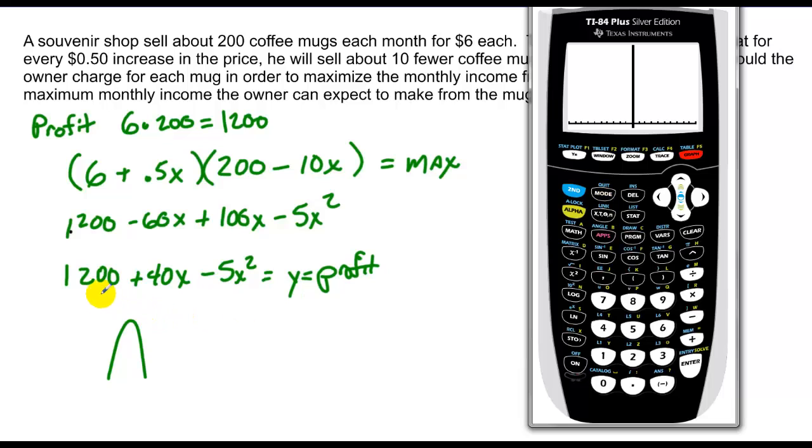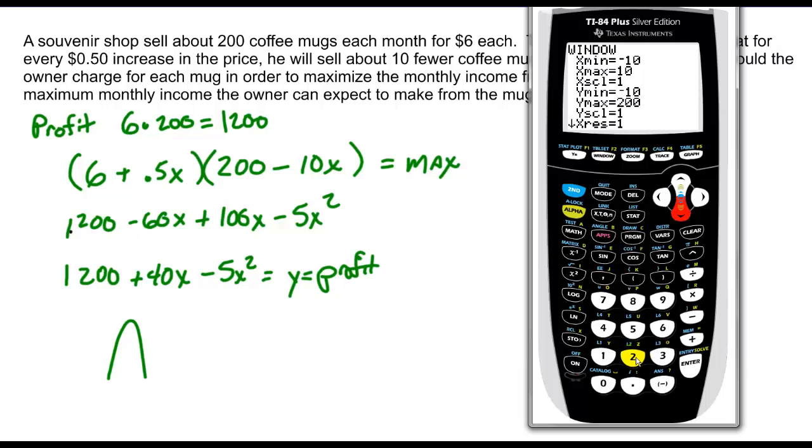Well, again, if I go back to here and plug in the number 1, that's 1200 plus 40 minus 5. So I'm already up somewhere around 1200. So let's go up, and we're going to assume that he's going to sell close to 200 cups. Maybe less, but close to 200. So now I'm going to increase my window.